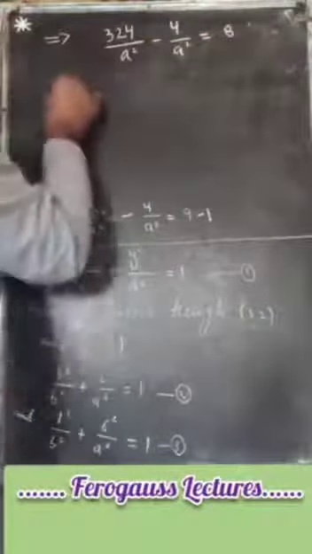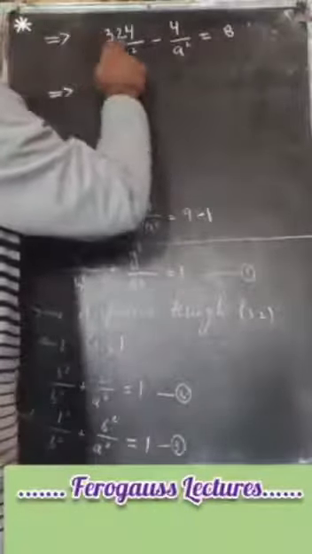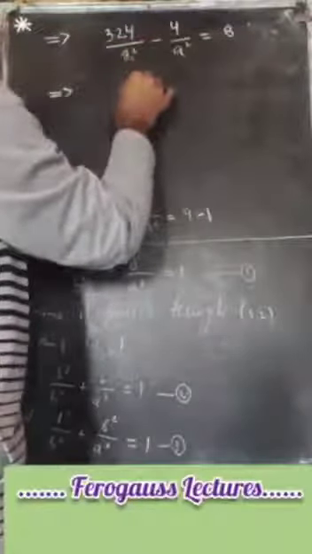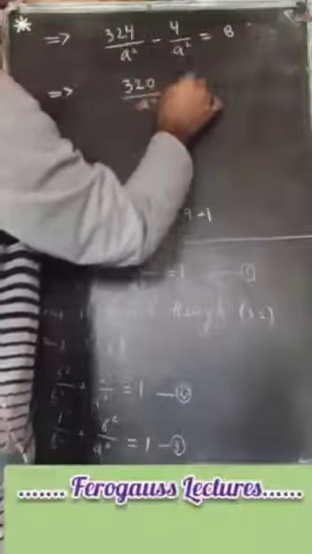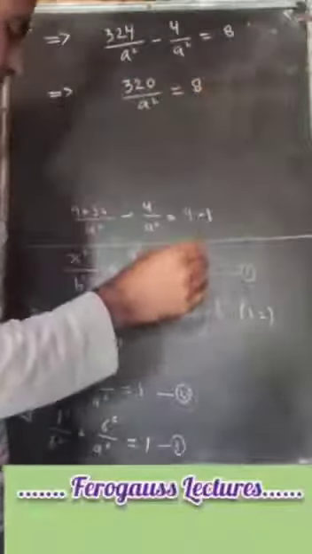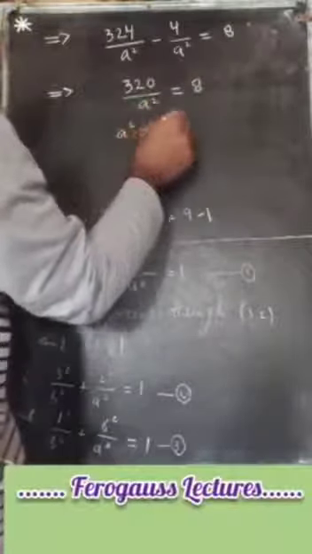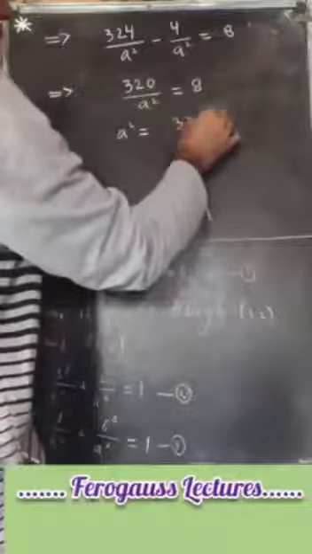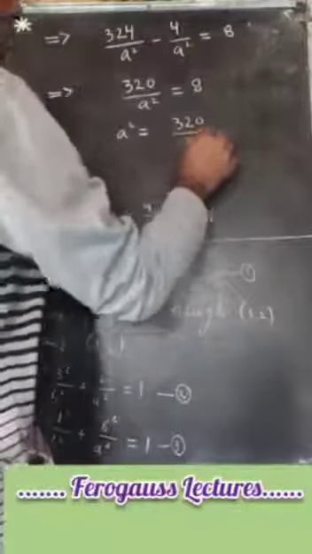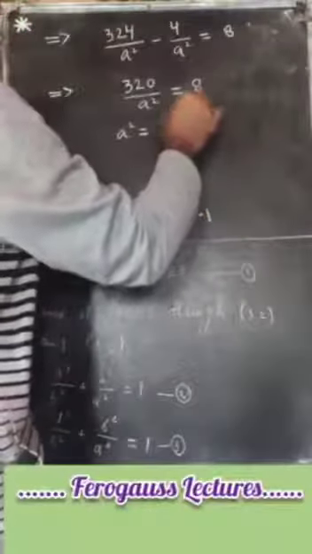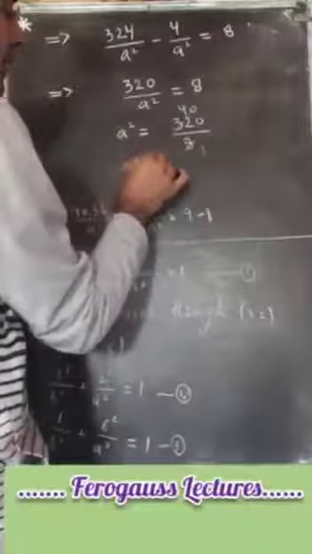That implies 324 minus 4, so that is 320 divided by a square is equal to 8. Or a square is equal to 320 divided by 8. So we get a square equal to 40.